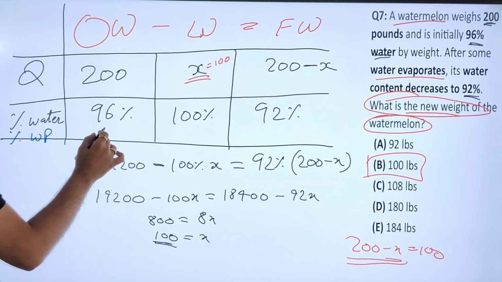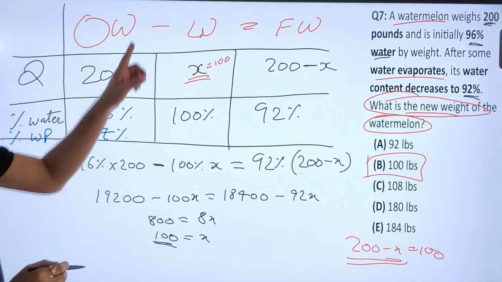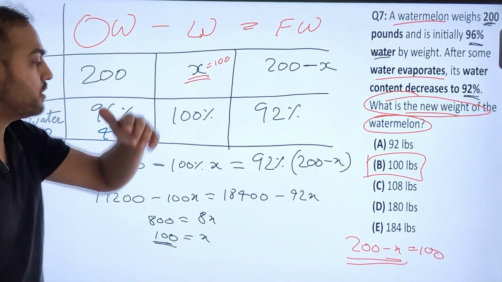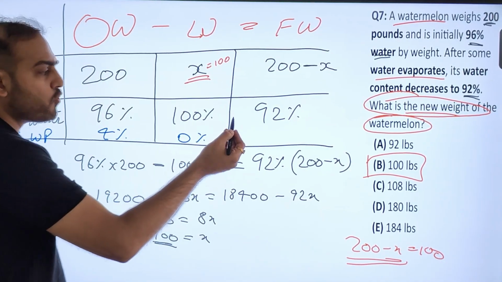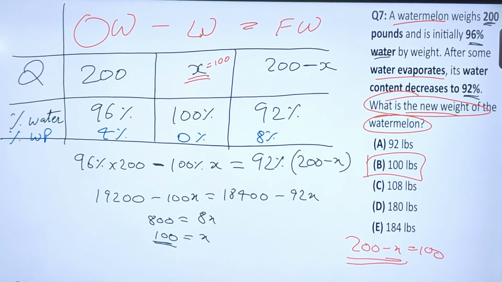Original watermelon has 96% water. That means it has 4% pulp. The water that is evaporating is pure water. Pulp does not evaporate. So that has 0% pulp. Final watermelon has 92% water. That means 8% pulp.